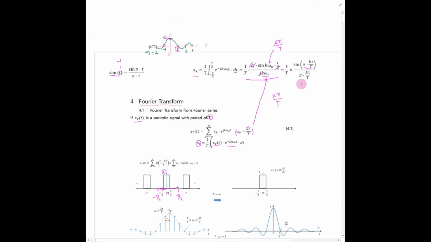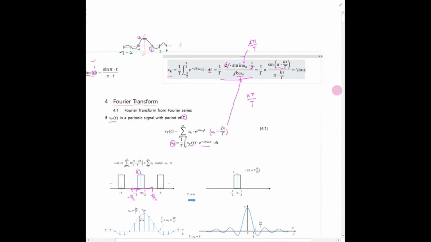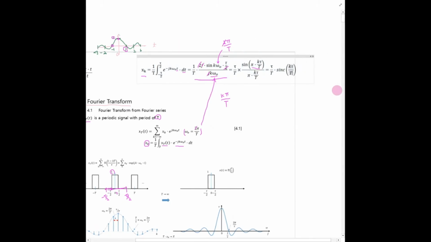Then this function is given with tau over T, sinc function of k tau over T. So the Fourier series coefficient, the kth harmonic coefficient, is given like that.